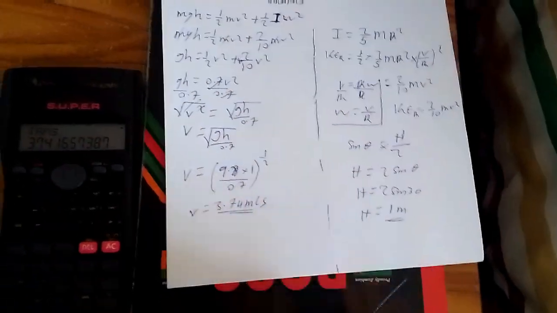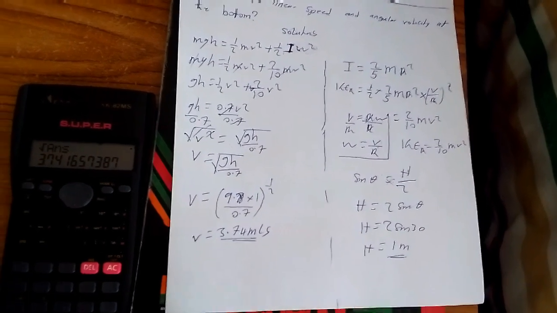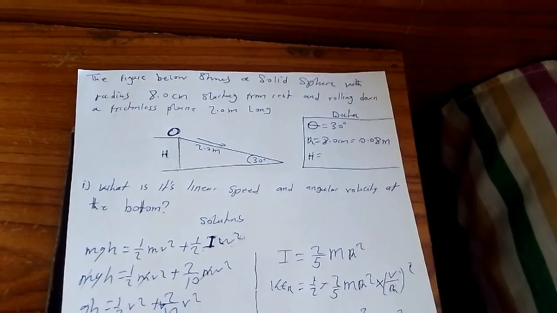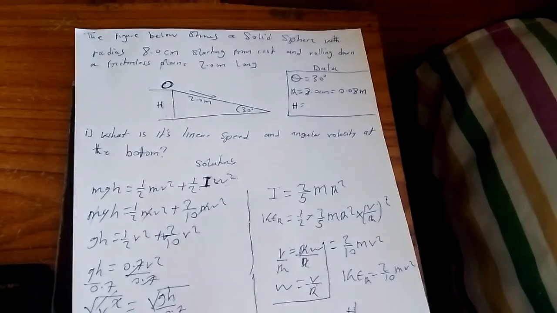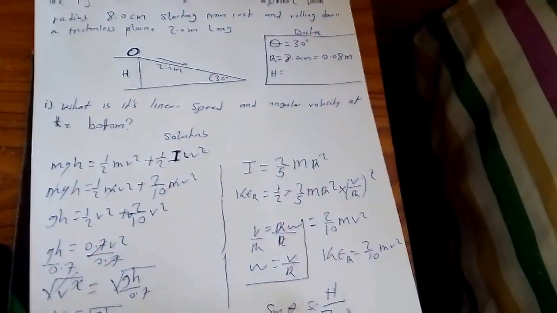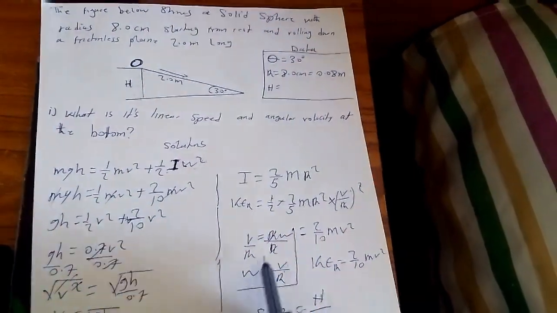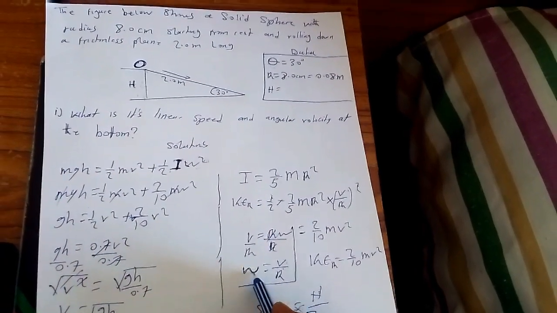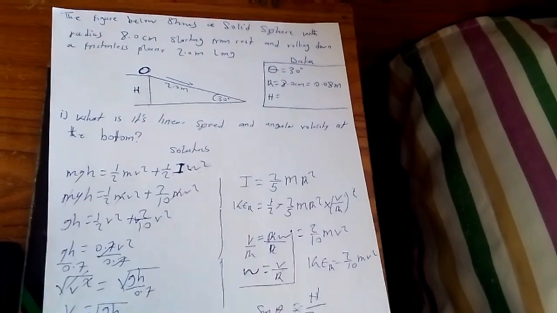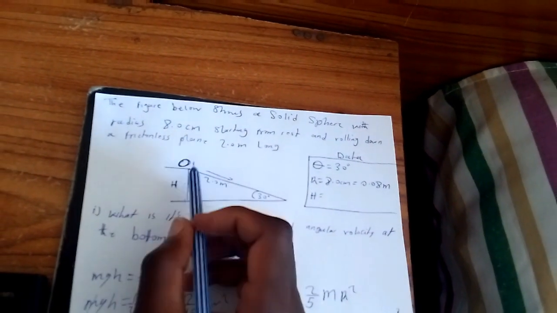So for us now to find the angular velocity, because the question has said we should find the angular velocity and the linear speed. From here I have derived that omega is equal to v over r, and our r here was given in centimeters, which is supposed to be in meters.